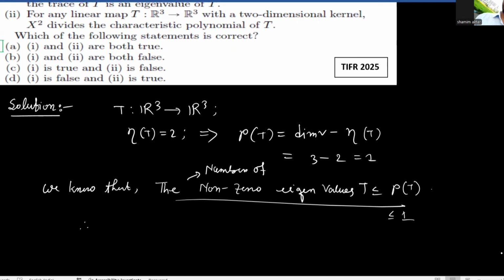So the eigenvalues of T are either 0, 0, 0 or 0, 0, lambda.